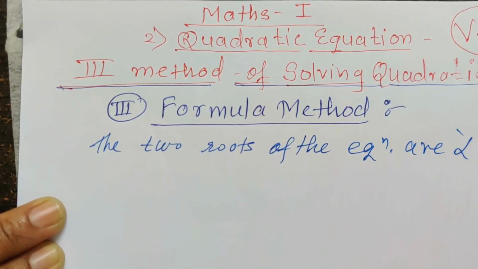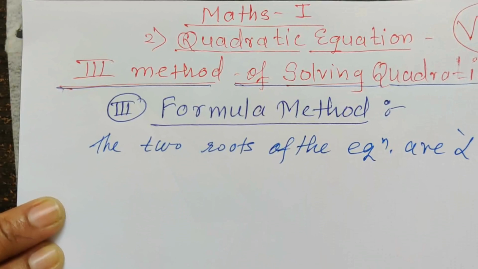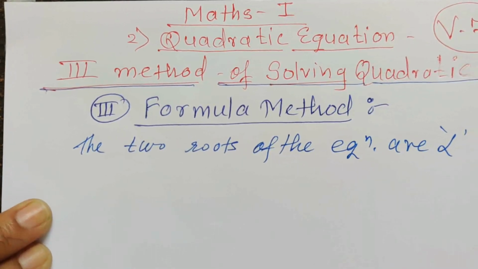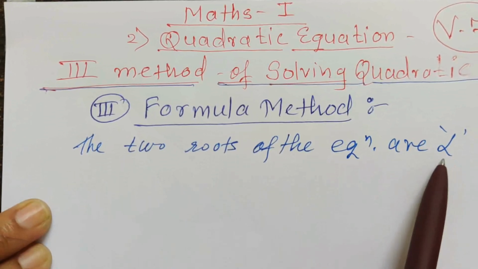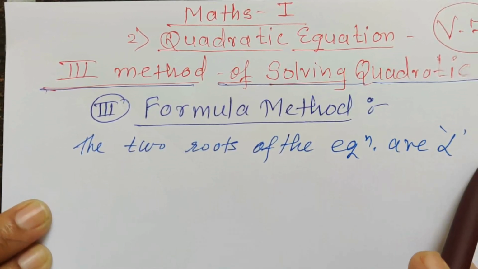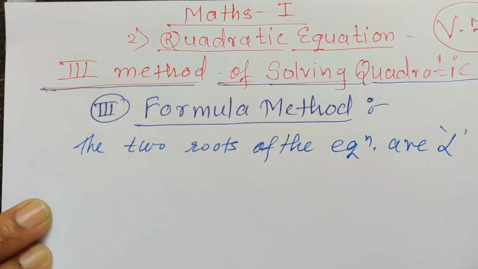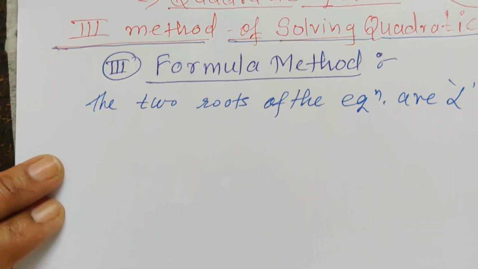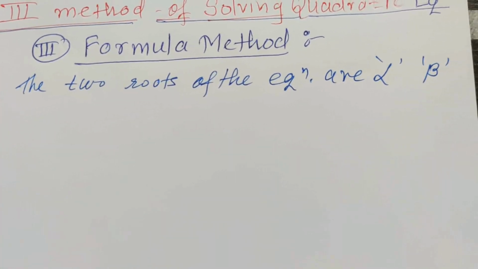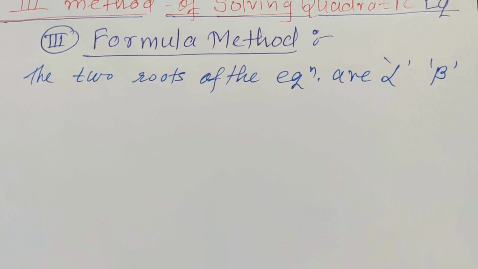These are Greek letters, you know about it. To find alpha, we have one formula. To find beta, we have another formula. And a common formula is also there. All these three formulae I will show you here. So first we'll see the formula which we use to find the root.